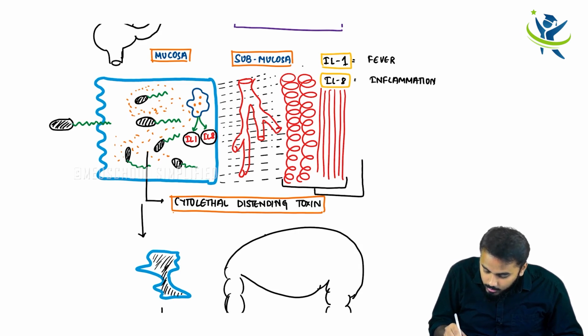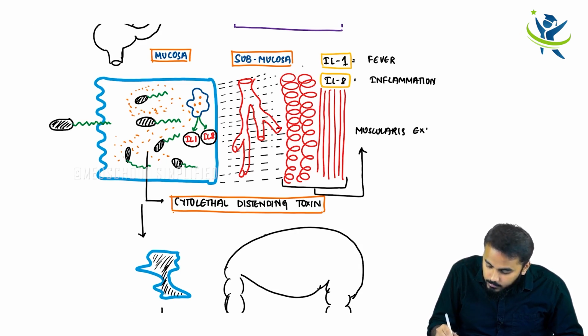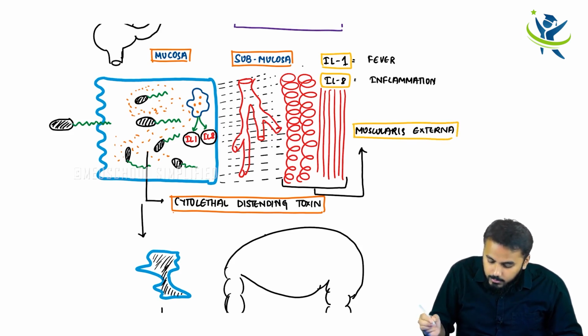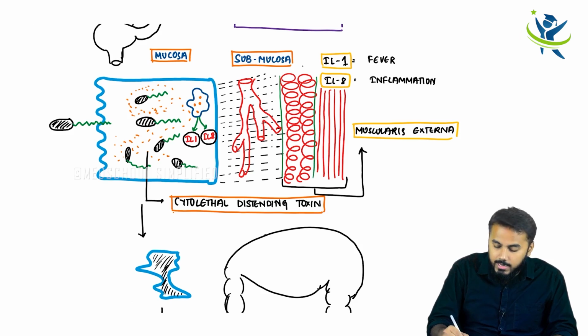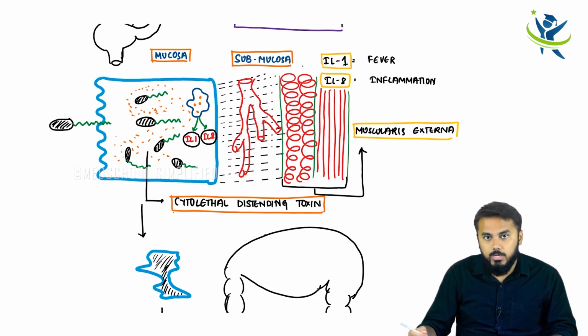Together I call them muscularis externa, right? So muscularis externa comprises circular muscles inside and longitudinal muscles outside.